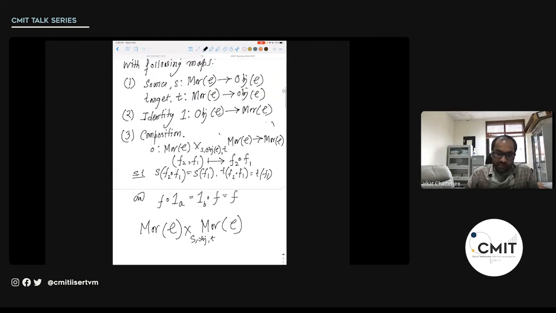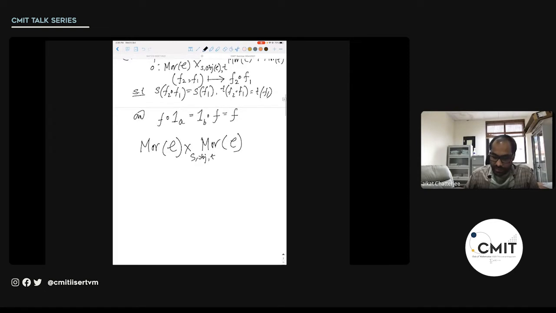we already have said that there are source and target maps from morphism C to object C. So here is the source and here is the target map. You can basically take the fiber product or pullback to construct this set.